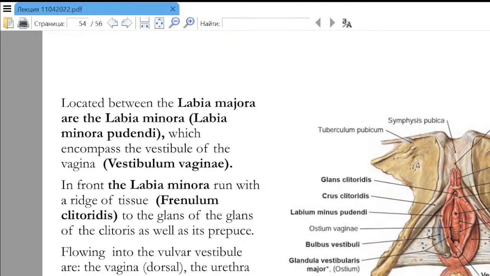In front, the labia minora run with a fold of tissue, frenulum clitoridis, to the glans of the clitoris, as well as the prepuce, flowing into the vulva, vestibulum vaginae.